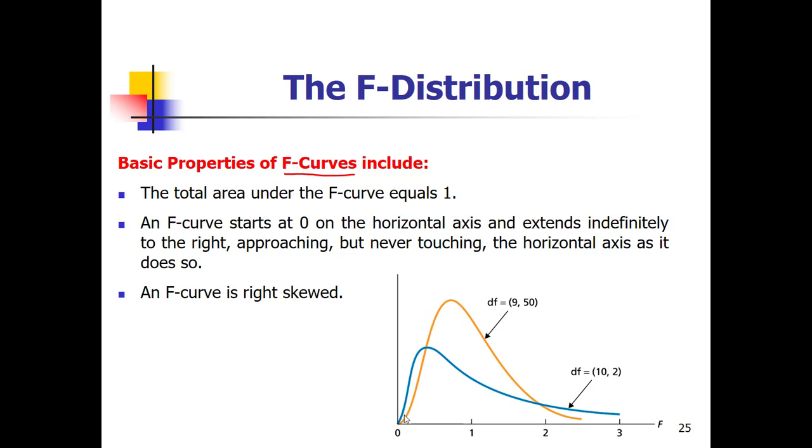The area under all the F curves, or F distributions, is 1. The area under the curve is always 1. All of the F curves start from 0 and extend along the horizontal axis until infinity.